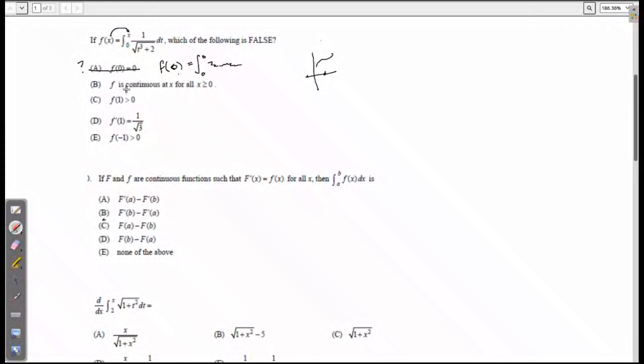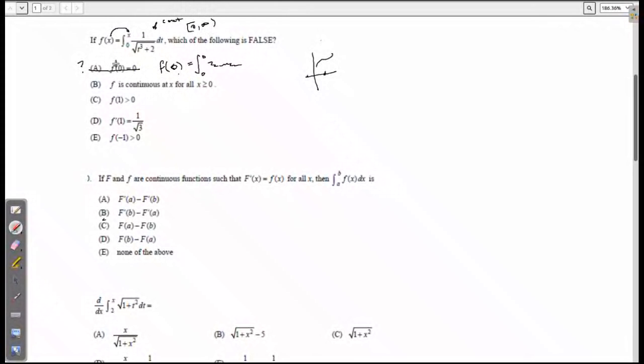B says f is continuous at x for all x greater than 0. So I know that this function is continuous on the domain 0 to infinity because there are no discontinuities here.